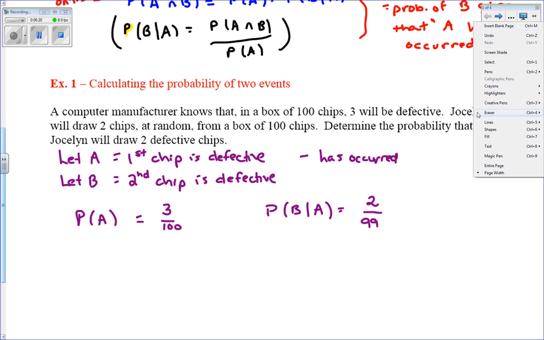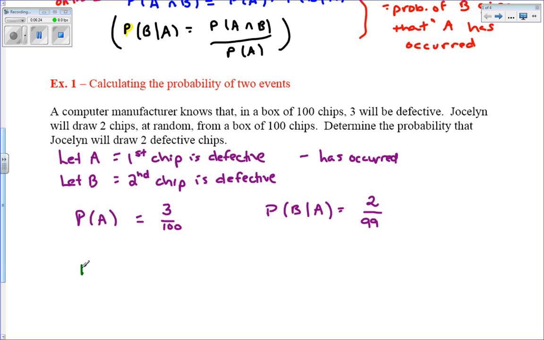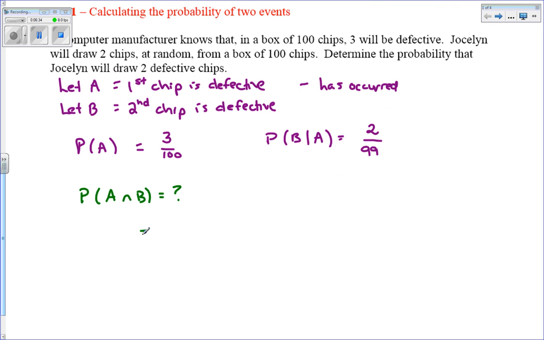Then we can put those two together in our formula to figure out the probability of A and B occurring, because that's what we were trying to find: the probability that the first chip is defective and the second chip is defective. That equals the probability of A occurring times the probability of B given that A has occurred already.